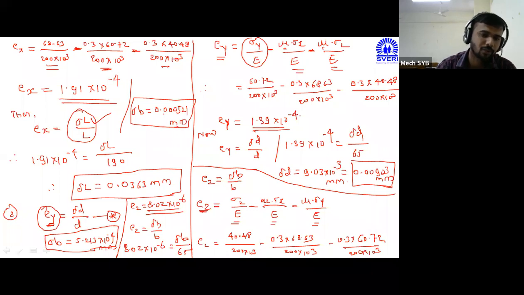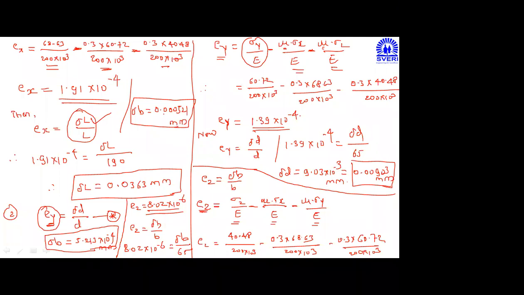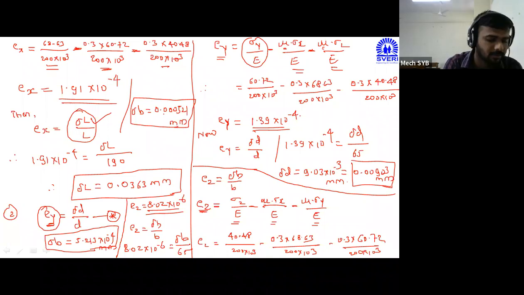Okay, has everyone understood this problem, how to calculate the change in dimensions and how to use the formulas of epsilon x, y, and z for this calculation? Has everyone understood? Is anybody having any problem? Yes, sir. What about others? Anybody having any problem?